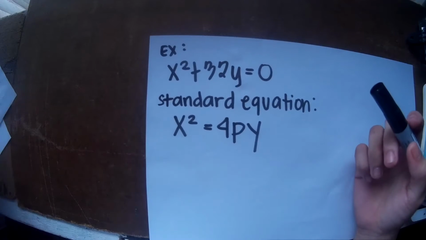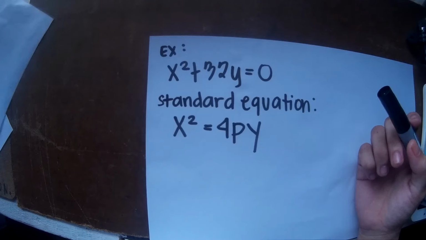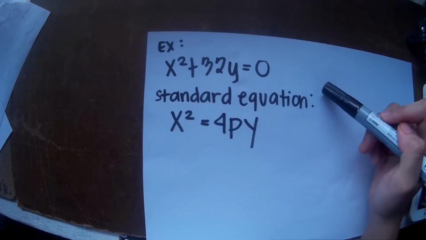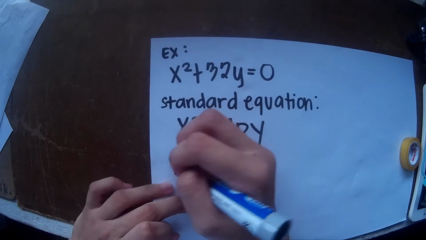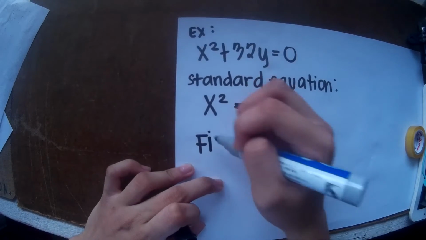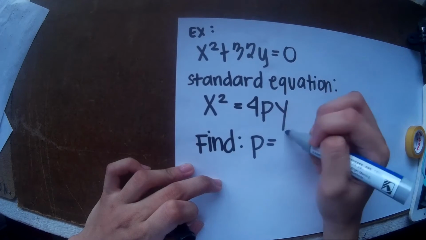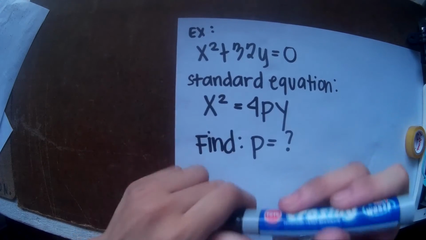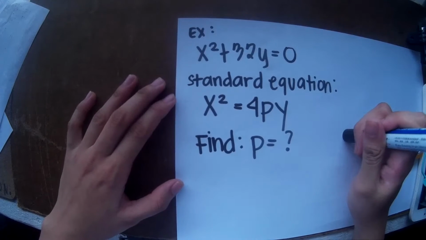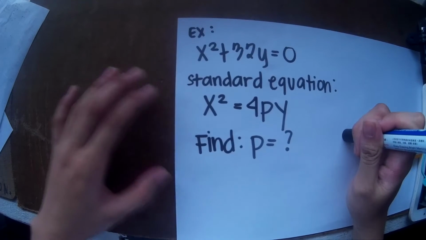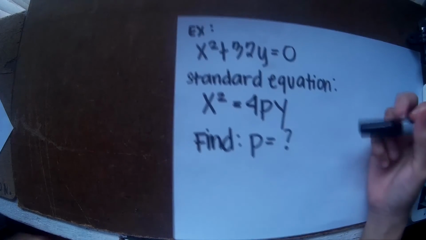The next thing that can help us determine whether our parabola will open upward or downward is we need to find the p. If we can determine what our p value is, then we can also determine the focus, vertex, and other properties of our parabola.